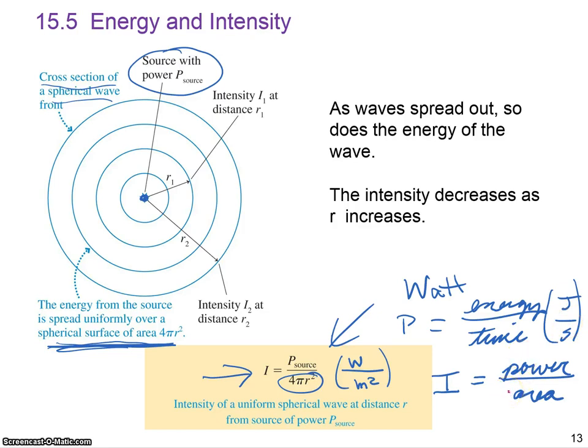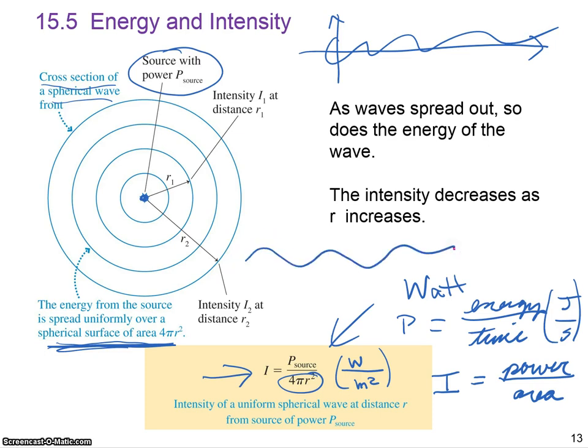One other thing I wanted to mention about this slide is we can represent the waves here in a different format. Actually, let me not draw it that way. Let me just draw it like this. If you have a wave going along like that, these lines represent wave fronts. So, for instance, if I drew a line at the peak of these like that, this represents one wavelength, and this would represent the peak.